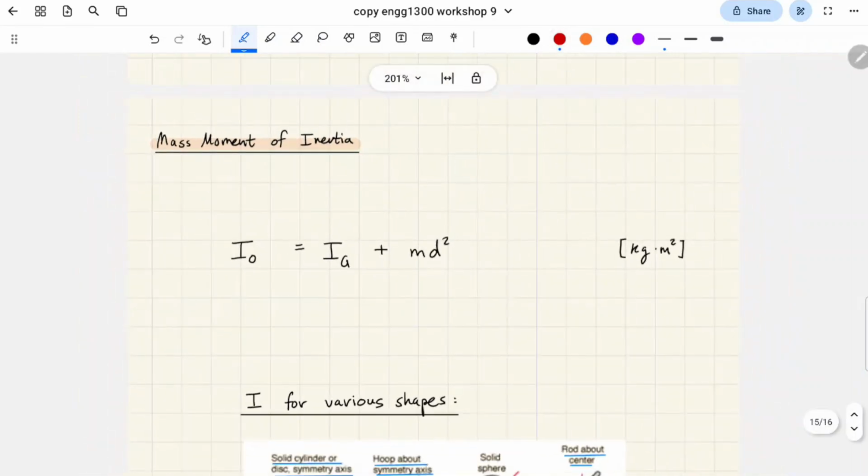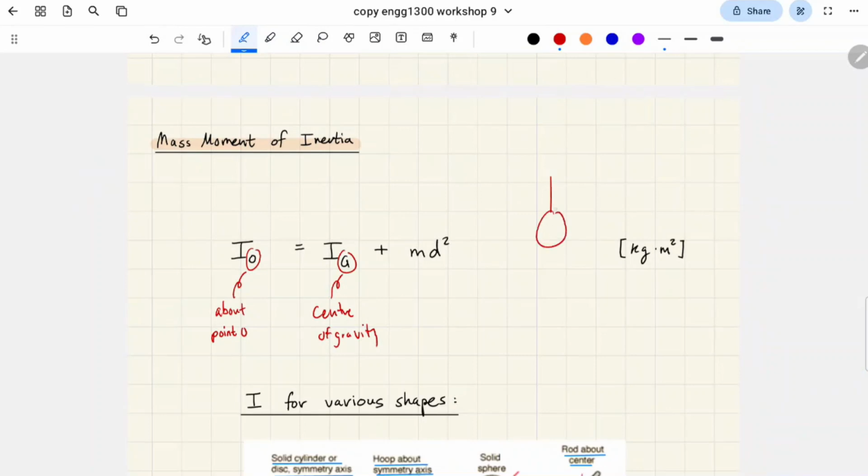So the idea is a mass moment of inertia. The equation looks like this. It's about a point, and this is the center of gravity of an object. I'll show you what I mean in the next question, question 5, which I'm going to do.